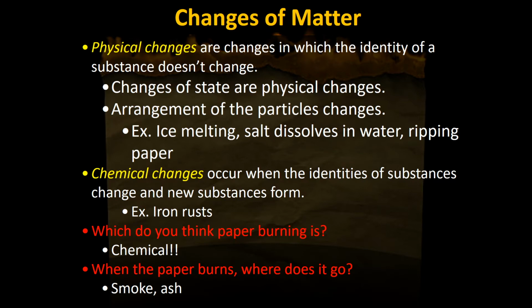Most of it will be turned into a gas, which will fly up and away. What's left behind will be ash, but ash and smoke are quite different from paper. You have chemically changed the paper into new elements, or new molecules.